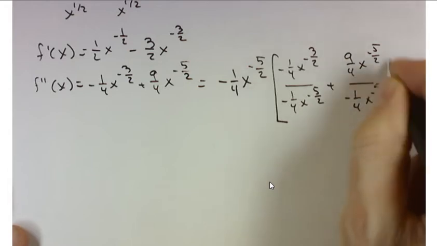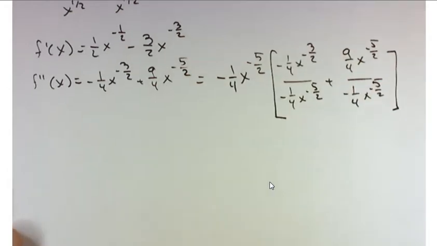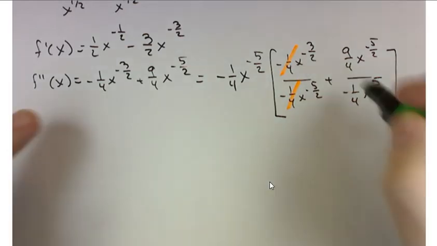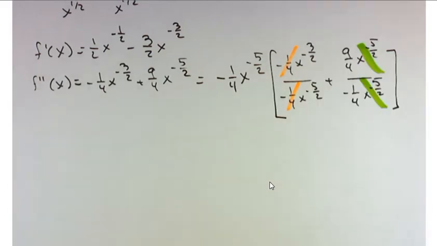So you should get, at the very least, some nice simplification from part of each of these terms. In the case of the first term, the negative 1/4 disappears. In the case of the second term, the x to the negative 5/2 disappears. We're going to get a little bit more simplification.